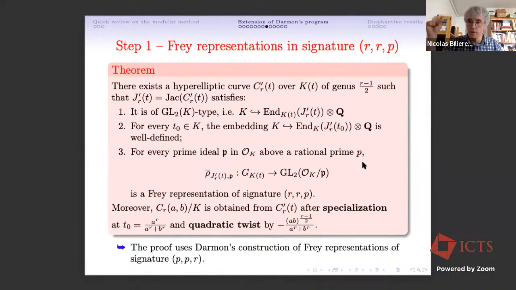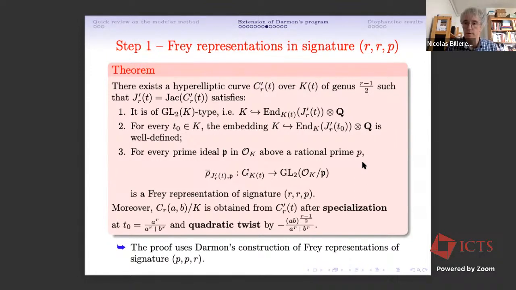And from the information we get from the reduction, we're able to say, okay, in that situation that will be a principal series, or in that situation that will be a supercuspidal representation, an induction of an irreducible representation, for instance. And that's how we get not only the conductor but also the irreducibility, because if you know that the mod P_r representation is irreducible when restricted to a decomposition group at 2, then it has to be irreducible globally. So it's just explicit computation with models.